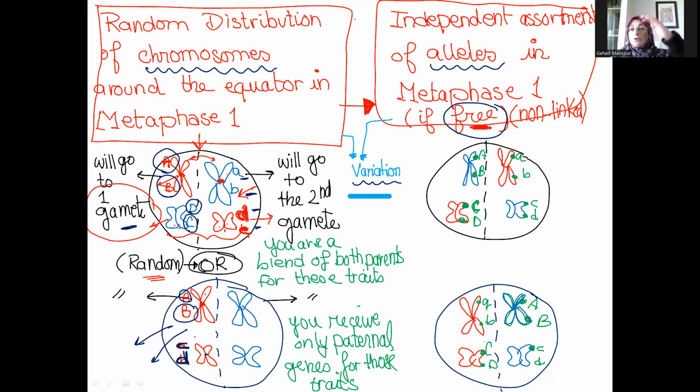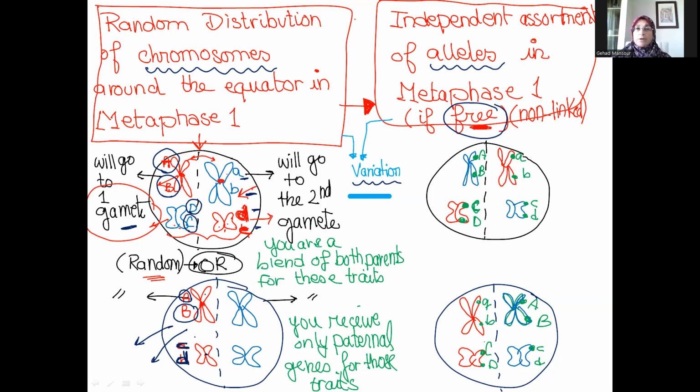Yes, if we are considering the whole cell, if we are considering the whole set of gametes, then definitely, because of the different possibilities of arrangement of the homologous pairs around the equator, most probably every gamete will be a blend of both maternal and paternal chromosomes. Which is predominating? Do we have more maternal than paternal, or more paternal than maternal?